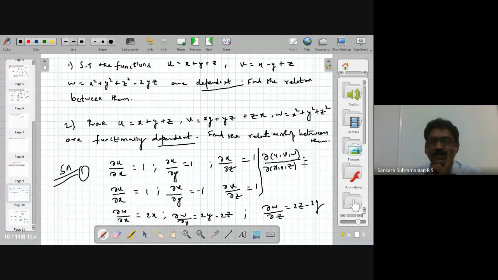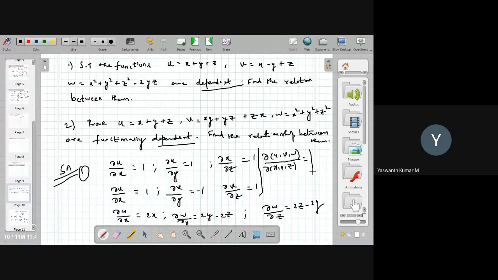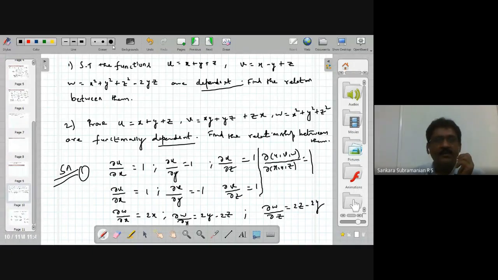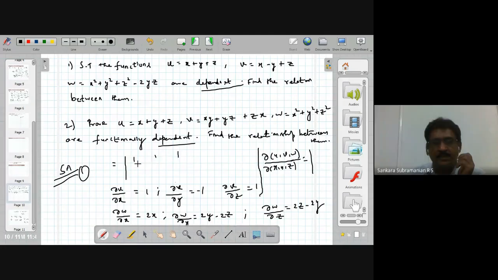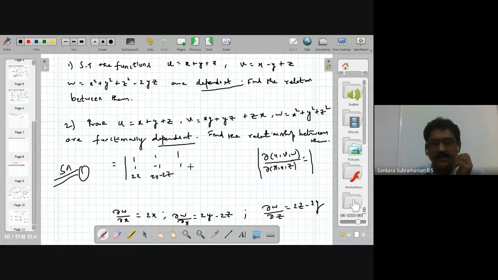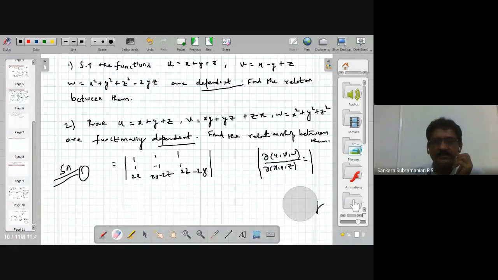So you will be getting a 3 by 3 determinant. I will write it here. 1, 1, 1, then 1, minus 1, 1, then 2x, then 2y minus 2z, and then 2z minus 2y. Can you tell me the answer for that?